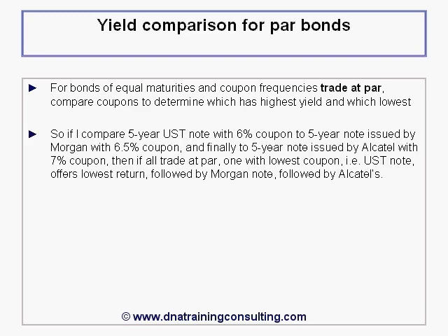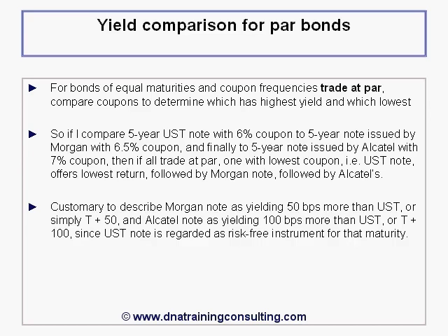So if I am comparing a 5-year U.S. Treasury note with a 6% coupon to a 5-year note issued by Morgan Guaranty, JP Morgan, with a 6.5% coupon, and finally to a 5-year note issued by Alcatel with a 7% coupon, then assuming all are trading at par, I would be certain that the one with the lowest coupon, i.e. the U.S. Treasury note, offers the lowest return, followed by the JP Morgan note, and followed by the one from Alcatel.